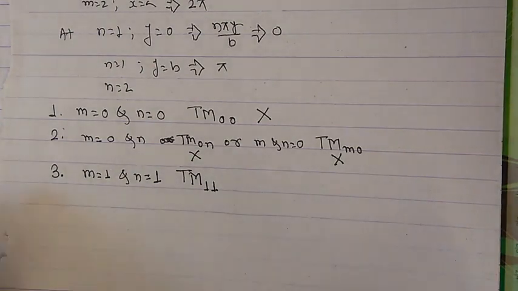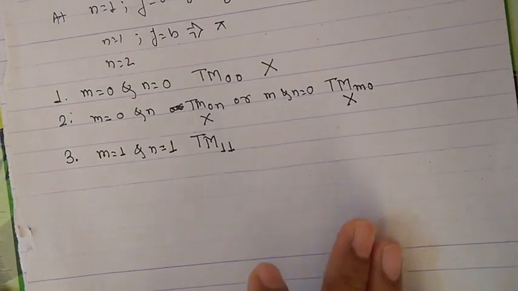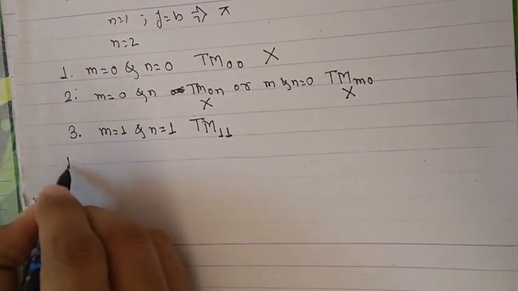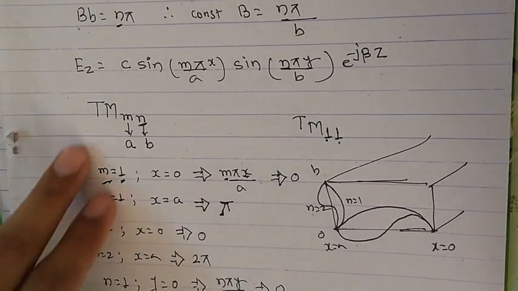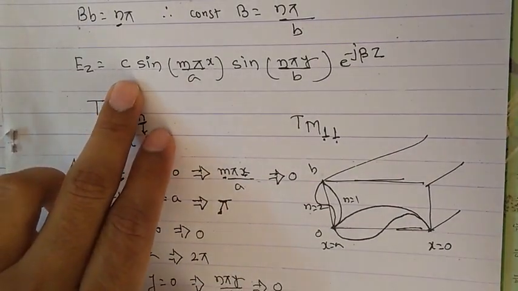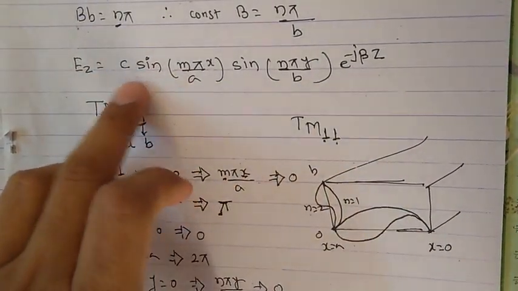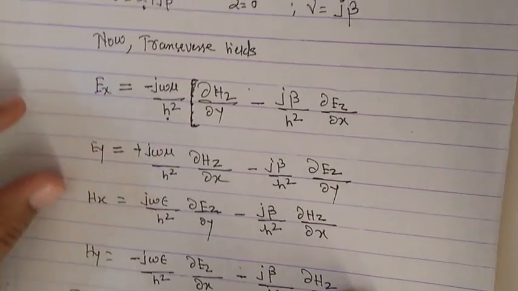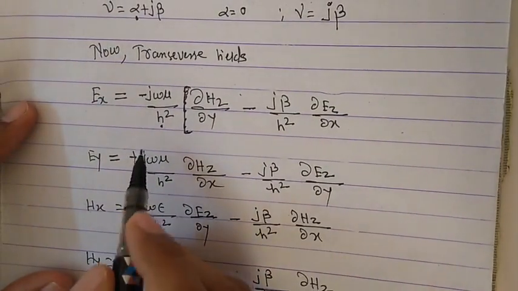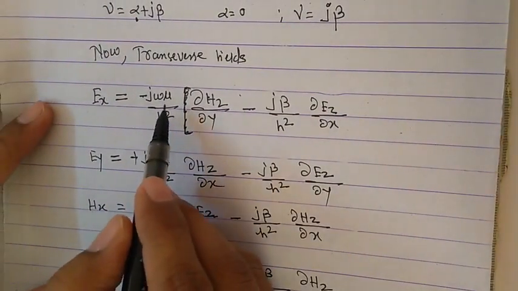Okay, so to conclude this lecture, let us do the final step, which is nothing but writing the four field equations Ex, Ey, Hx and Hy, by using the result of the complete solution, C sin, this is our Ez, what we have obtained. And what is the general solution from our last lecture for Ex? Ex is minus j omega mu upon h square del Hz by del y.